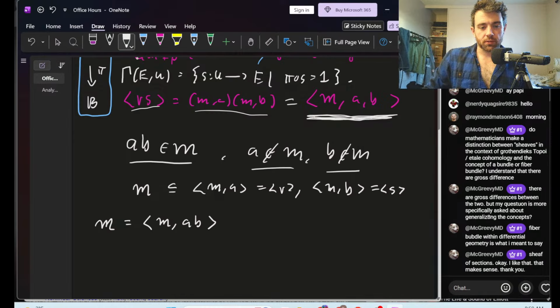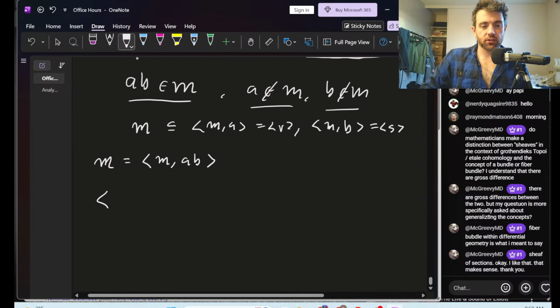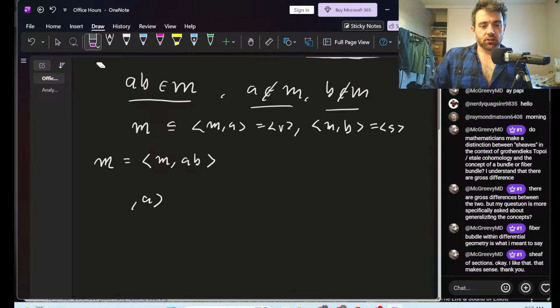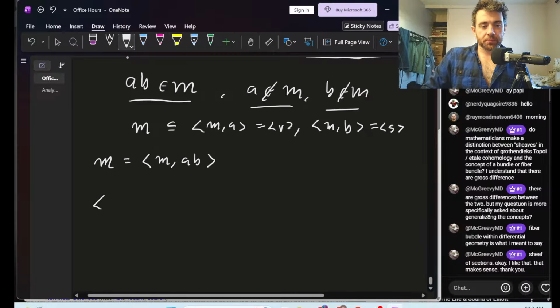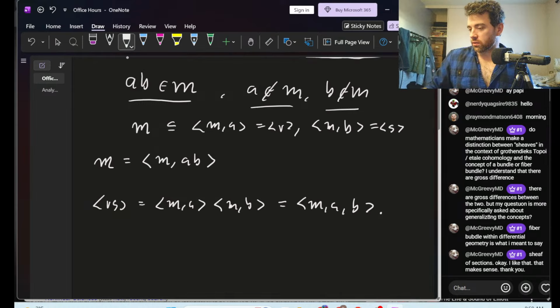And then what about the product? The product of these ideals will also be a principal ideal. But this is just the ideal generated by these three things. And I don't know what else to say.